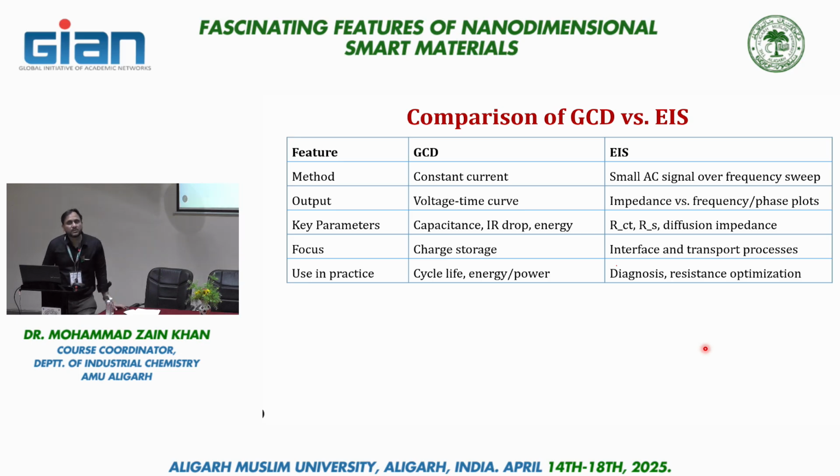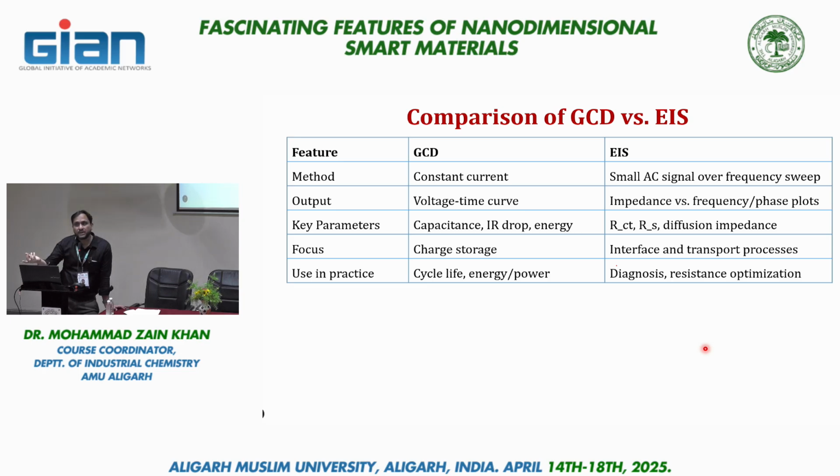Then from EIS, because EIS is mainly useful for calculating the resistance, it will give you an idea about the resistance, and from the resistance you may have an idea about the interface processes and transport phenomena, how they are working. For example, if you have very high charge transfer resistance, then ions are not able to move easily in the solution, so there must be some diffusion limitations.